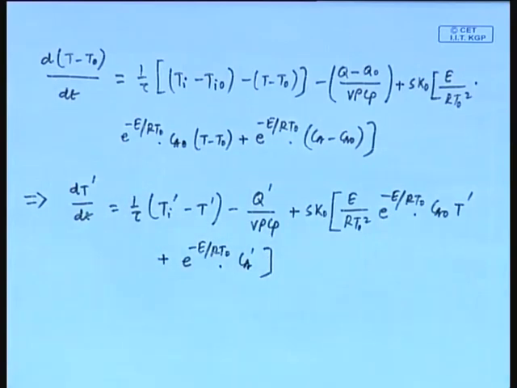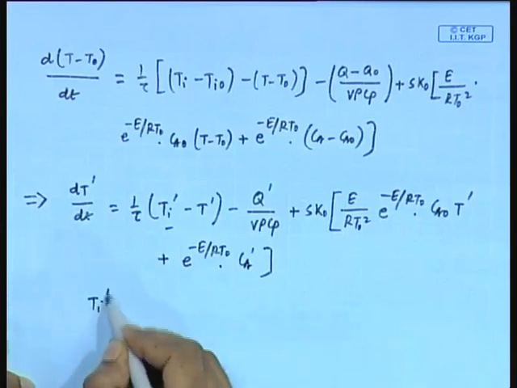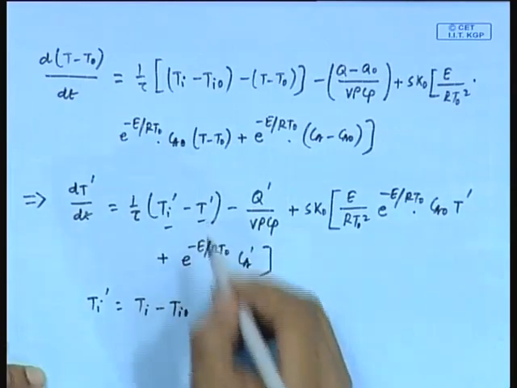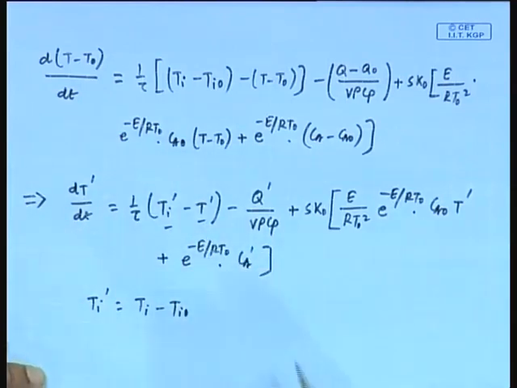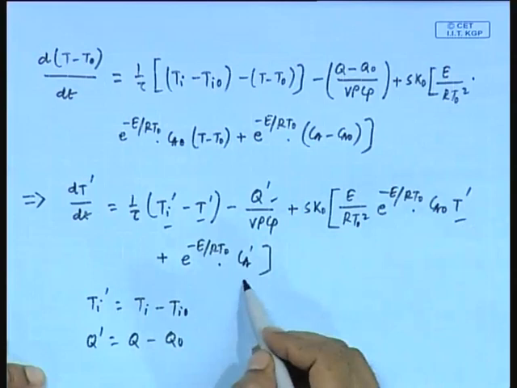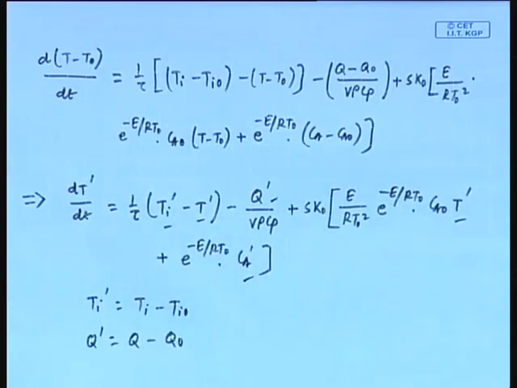Fine. So, here one deviation variable is T I prime, that is T I minus T I naught. This already we have defined T prime. Another one is Q prime, that is Q minus Q naught. So, these are the two modeling equations for the example CSTR system in linearized form and in terms of deviation variables. Fine.